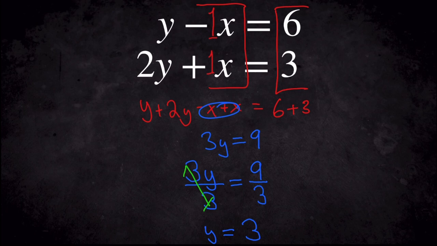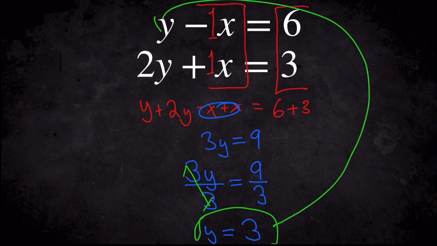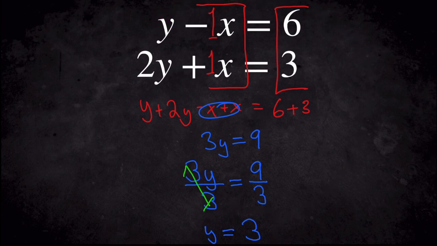Now, the next step would be substituting, where we take the answer we have found and put it in one of the y's. I'm going to do the top y. So this would become 3 minus x equals 6. Now, this would be the same as negative x plus 3.